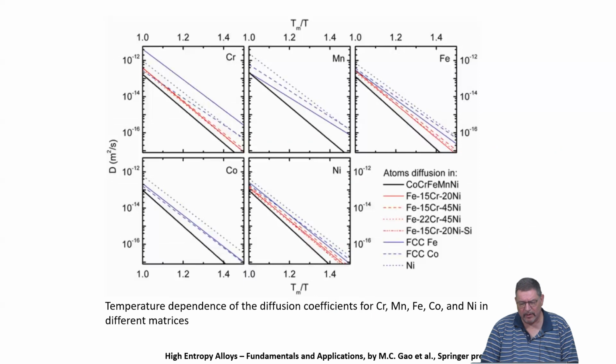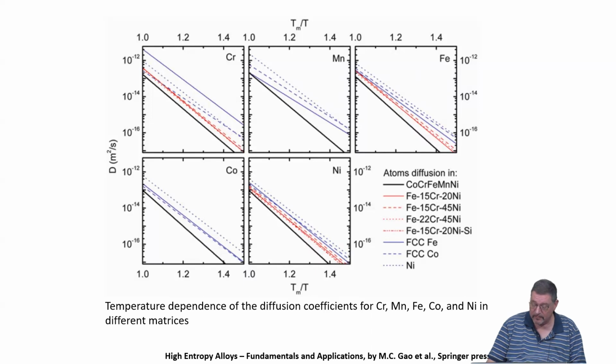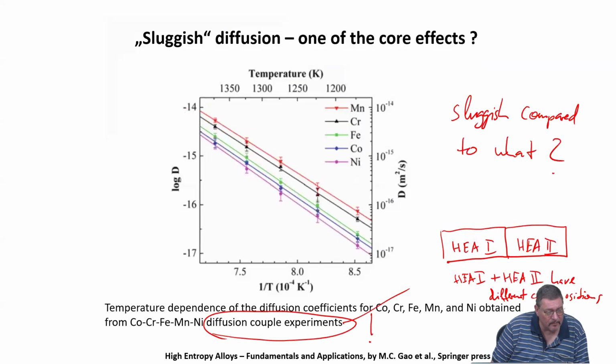Now, when we look again in the same paper, we see this comparison. These are the diffusion coefficients in the system for the 5 different constituents, plotted for FCC crystal structure. All of this is for FCC solid solution.